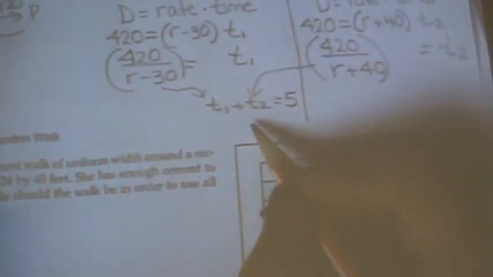Can you tell me what it says? It says 420 divided by R minus 30 plus 420 over R plus 40 equals 5.